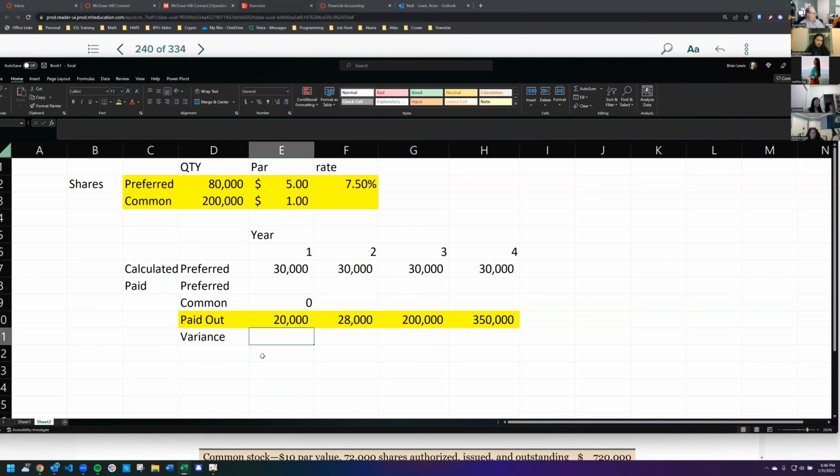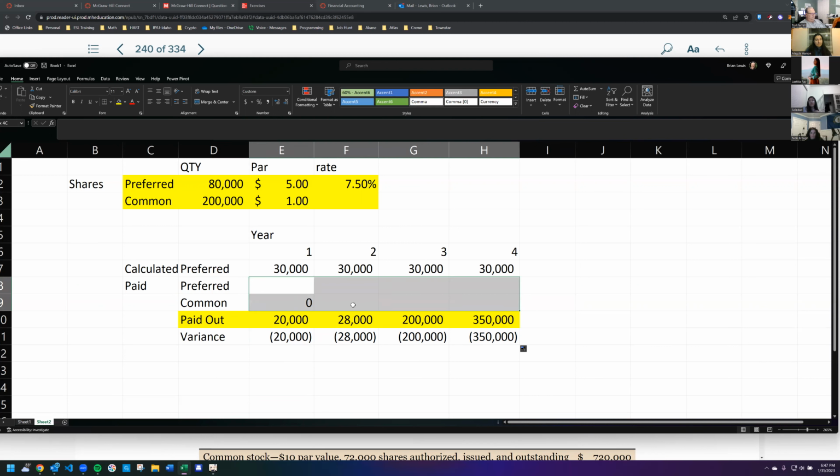All right, so we're going to take the sum of these two numbers minus what was paid out. So we're off by $20,000 in terms of total payout in this first year.